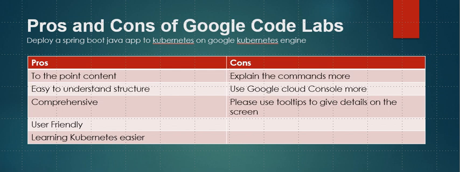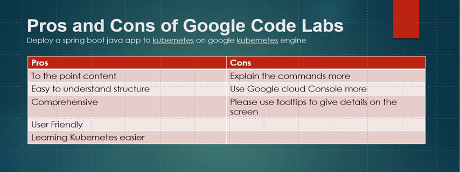Second con is using Google Cloud Console more. We have used a lot of Cloud Shell. We have typed in a lot of commands. I understand that we need to understand the commands as well, but for someone who's starting on their cloud journey, using a user interface is a better choice from my point of view.